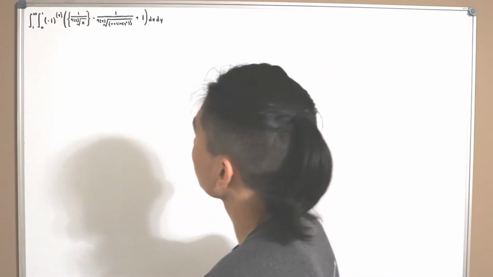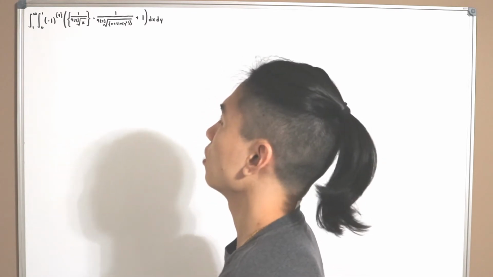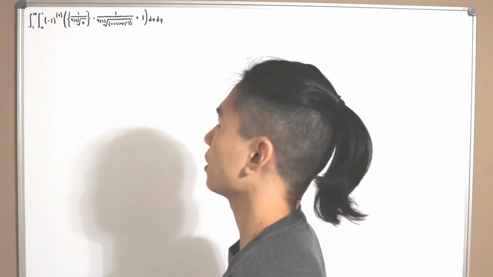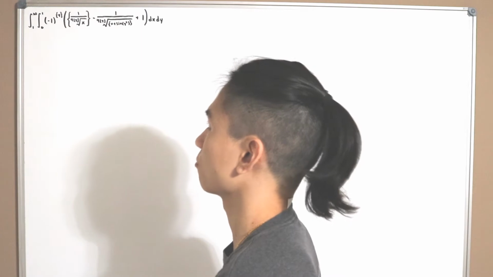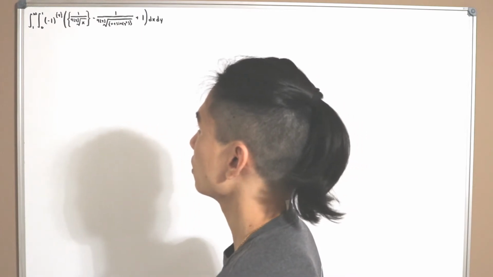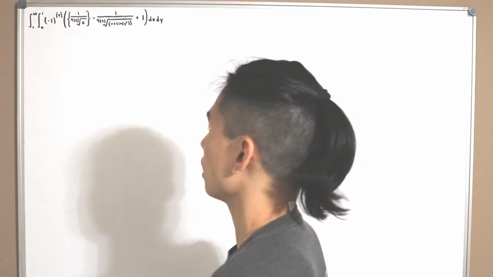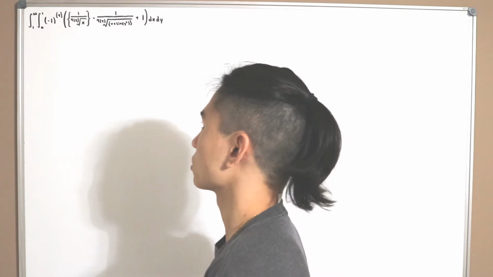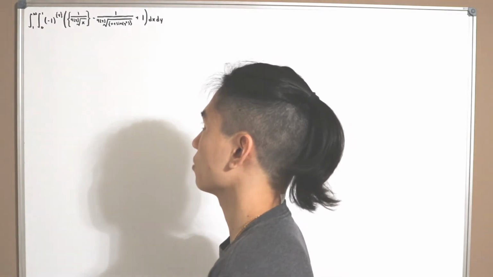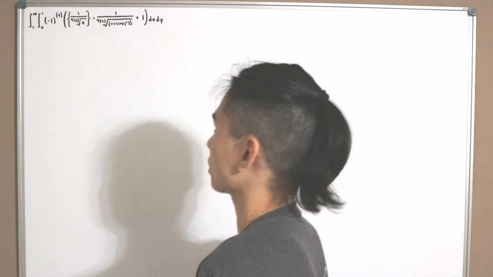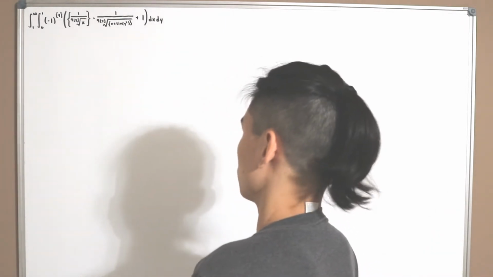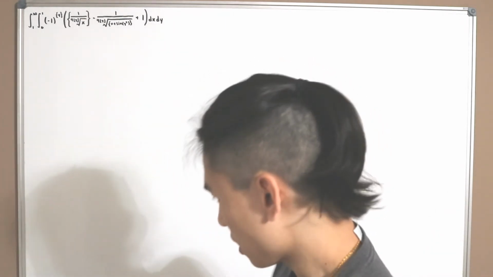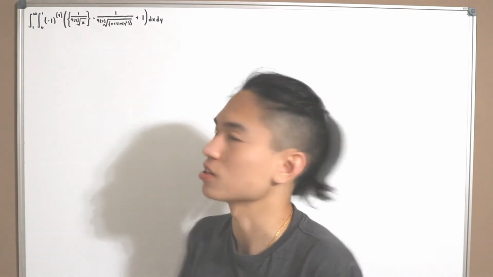Multiplied by the fractional part of 1 divided by 4 times floor of y root of x, minus 1 divided by 4 times floor of y root of the fractional part of x plus sine of y squared plus 1, dx dy. So you can clearly see that there's a lot going on.